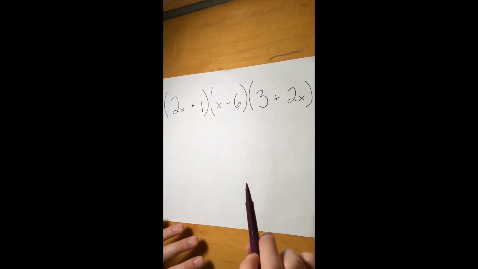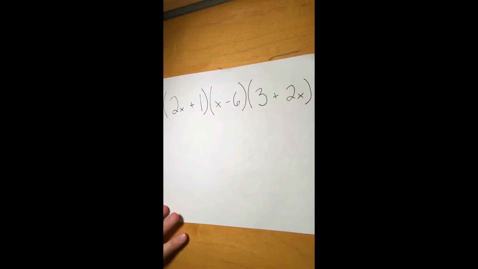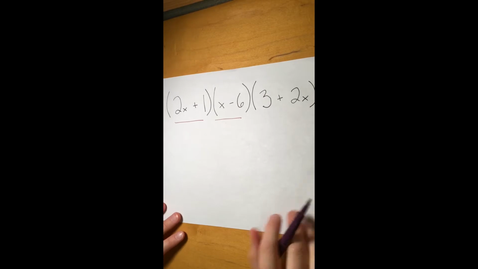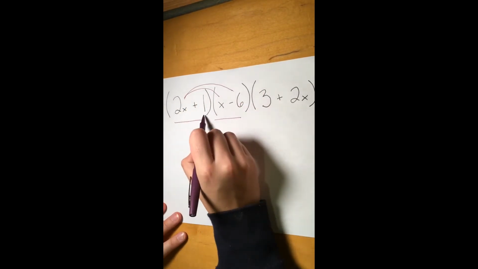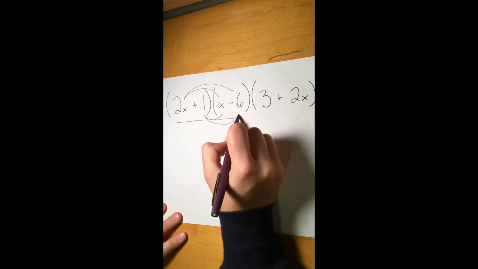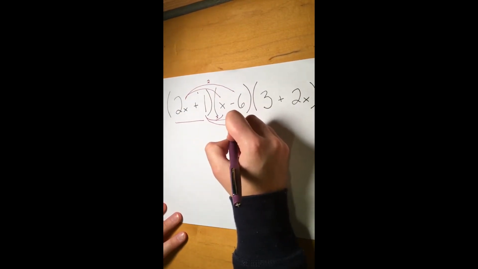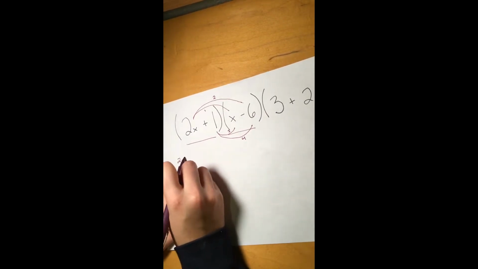Finally, what happens if we have 3 binomials to multiply by each other? You start with 2. Only select 2 to start with. It'll make it a lot easier. First, outside, inner, last. 1, 2, 3, 4. So we start over here. 2x squared.